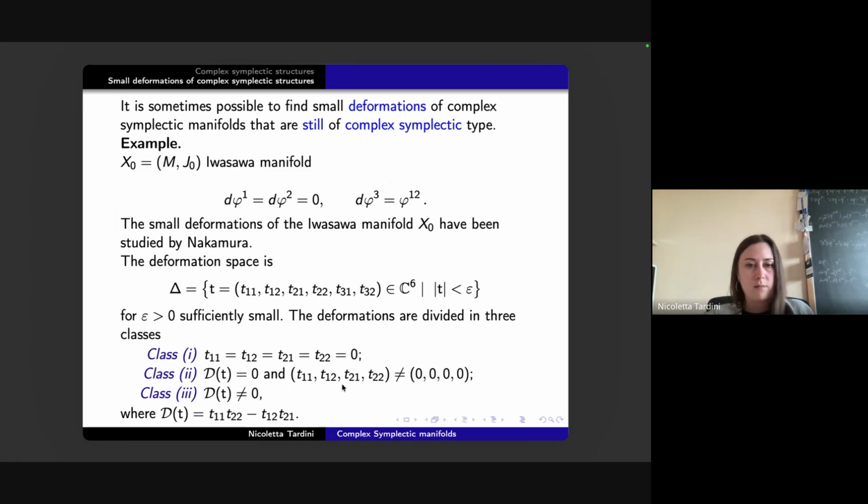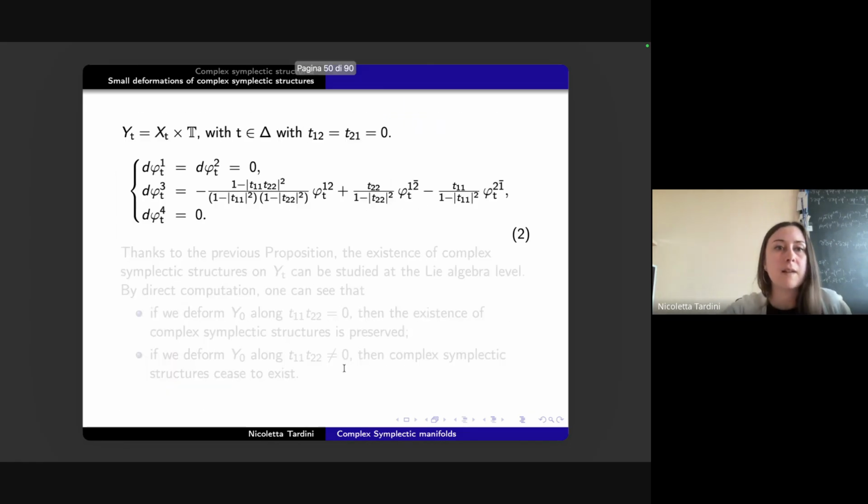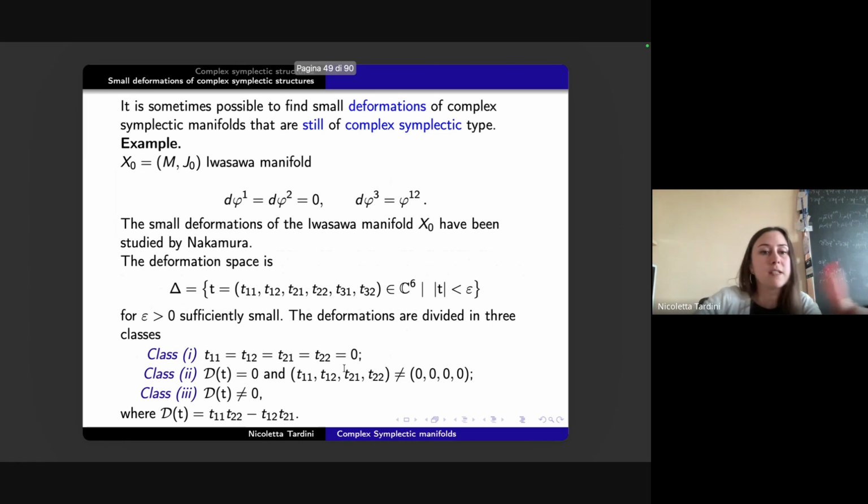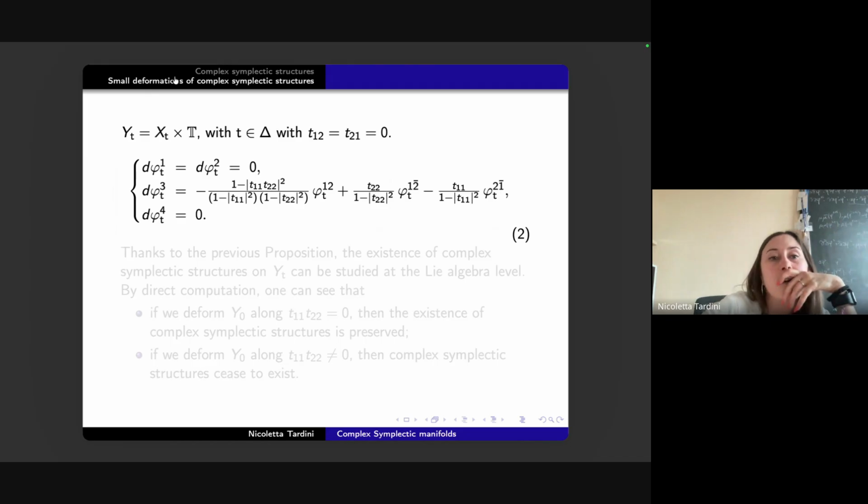And well, I will not go into the details because I don't need this, but the idea is that we took one of these deformations of the Iwasawa manifold times a torus, okay? And so we consider this product, okay? So this is a 4-dimensional manifold.